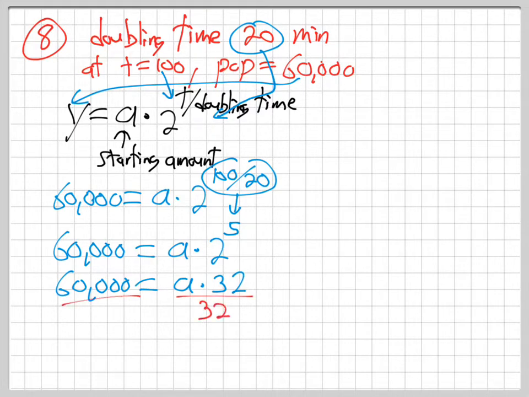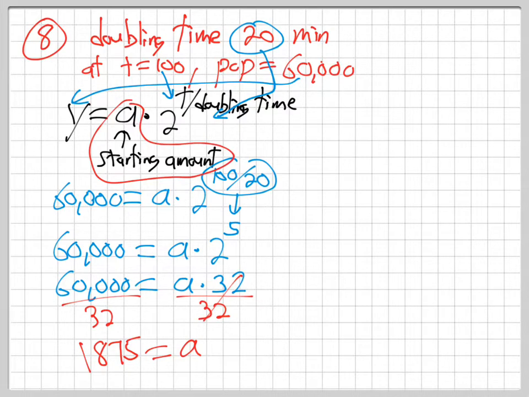Divide both sides by 32. 60,000 divided by 32 is 1875. So that's the a, and the a is the starting amount. That's their first question, part a: what's the starting amount? It is 1875.